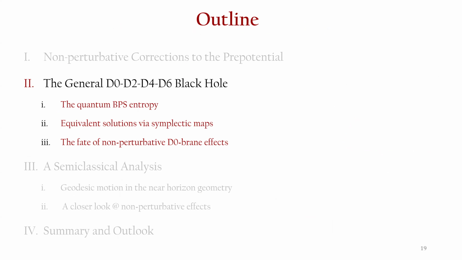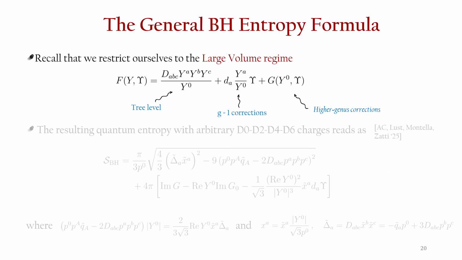Great. So let's go now into the second part, and let's try to obtain the general quantum corrected entropy formula for the most general BPS black hole, assuming, of course, it exists. Let me remind you that, as Matteo was stressing several times, we always focus on the large volume regime. So this means that our generalized superpotential, namely the starting point from which we derive everything, essentially contains three pieces.